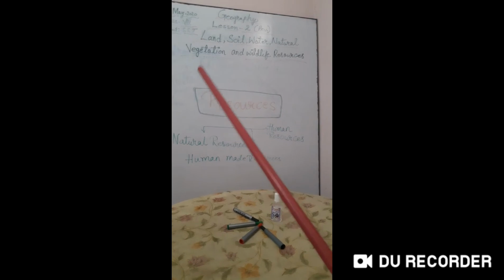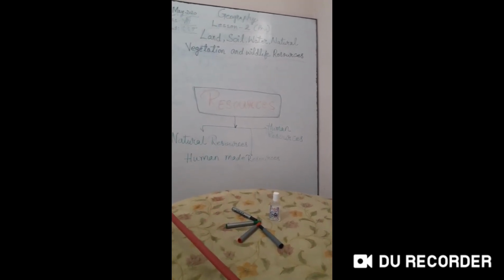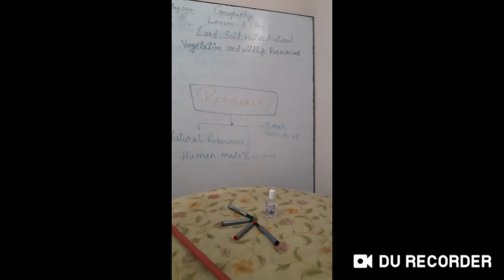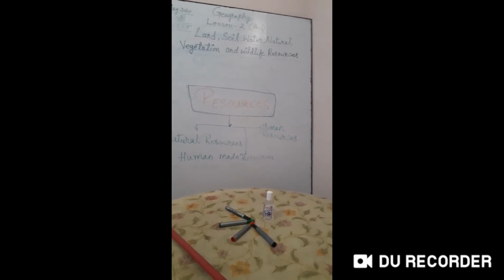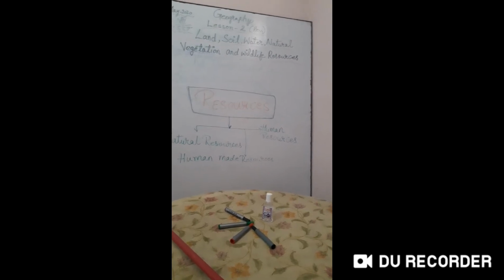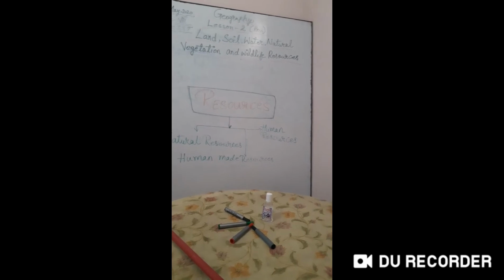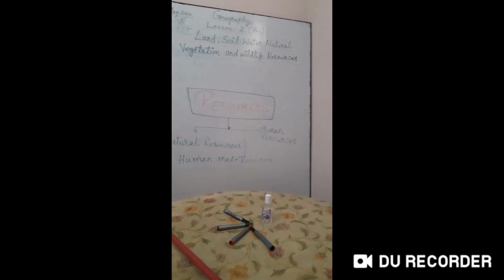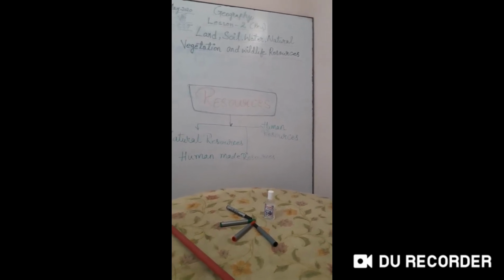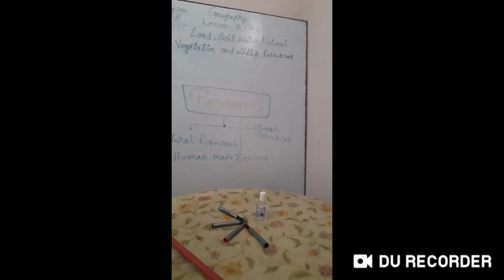Land is not suitable for living everywhere because of a lot of additional conditions that affect it. What are these conditions which affect our life? When we want to live in any place, we have to look at whether that part of the land is suitable for living beings or not.